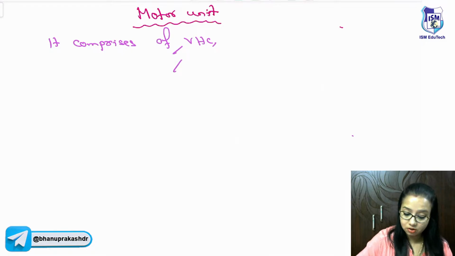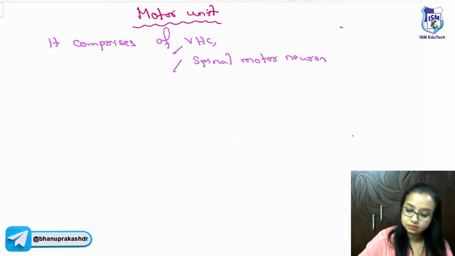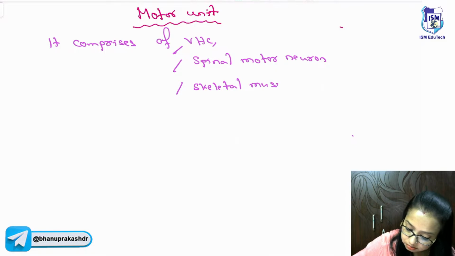It comprises of a spinal motor neuron. It comprises of skeletal muscle fibers.